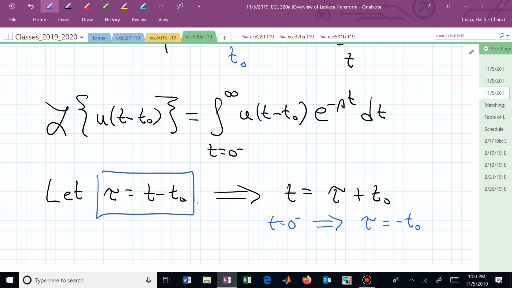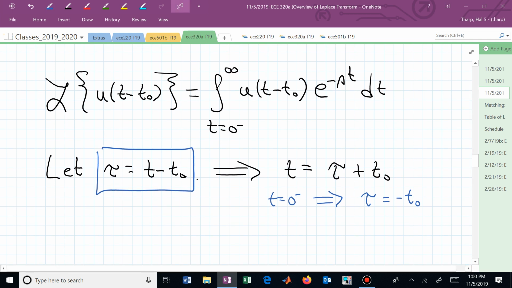What about what it's doing at the upper limit? You'll let me abuse notation. Infinity doesn't really exist as a number, but I'm going to say t is equal to that unreachable quantity. That's the upper limit. What happens to tau? I'm really just trying to find my lower and upper limit of integration with this new variable of integration tau. That's infinity as well.